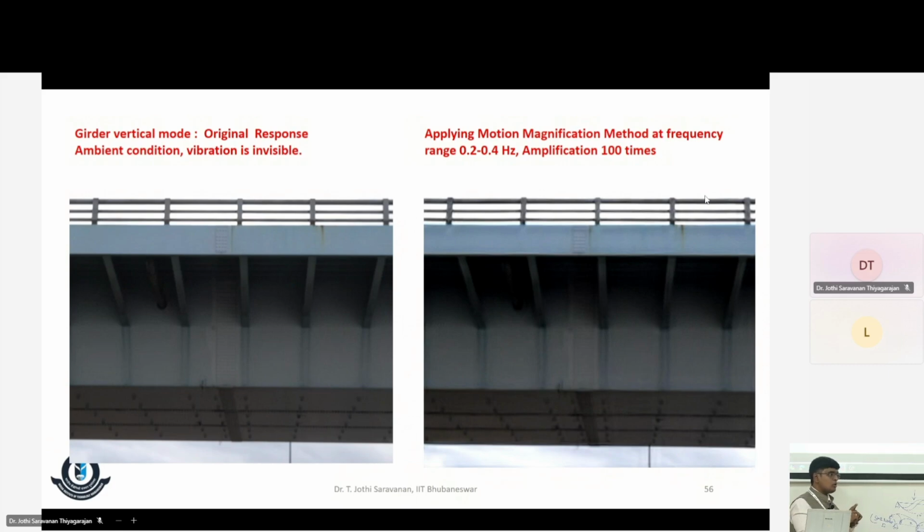Whatever I do with the first frame, I repeat for the remaining 999 frames. Then I reconstruct all the images together into one single video. That's what I'm playing on the other side. This is the original video that was taken, and this is the video processed using the proposed technique and reconstructed for motion magnification.